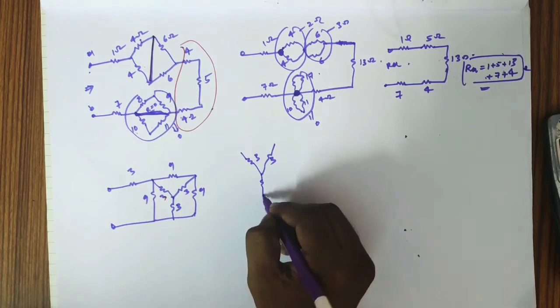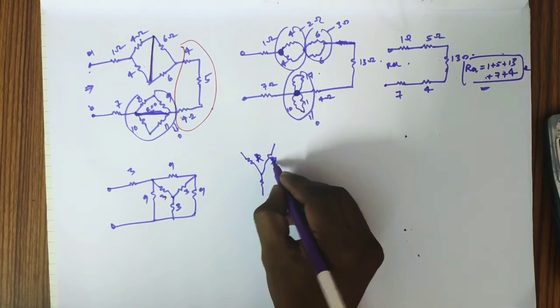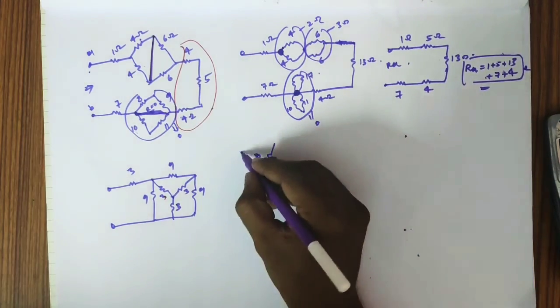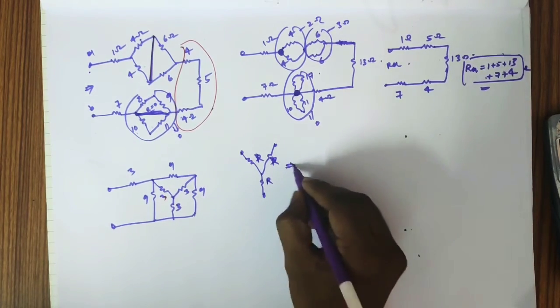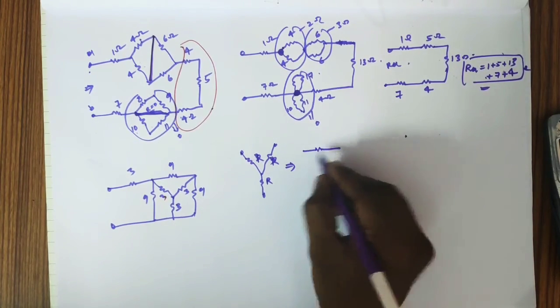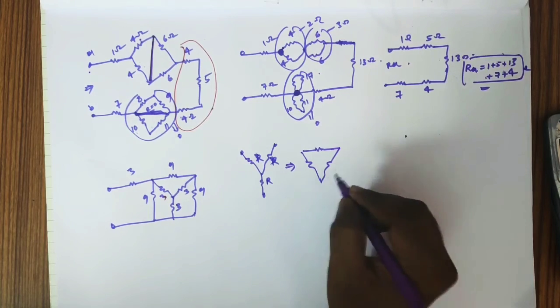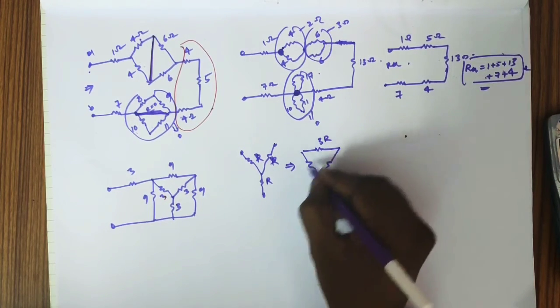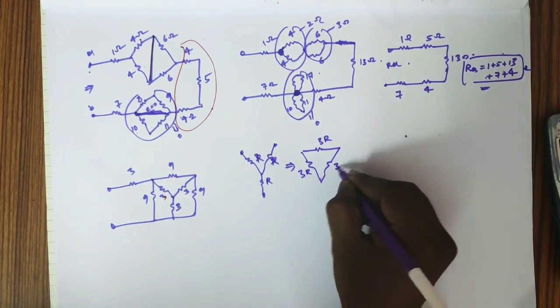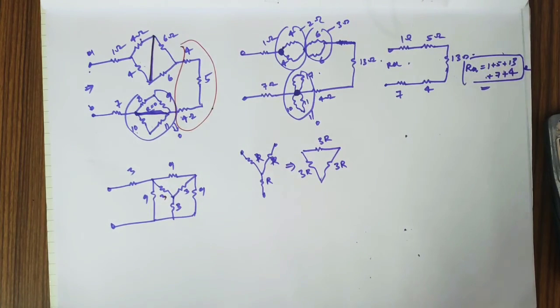when 3 elements are R, let us say R, when 3 elements are star connected, if you transform that to delta, observe carefully, the value of them is a multiple of 3. Take this as granted.